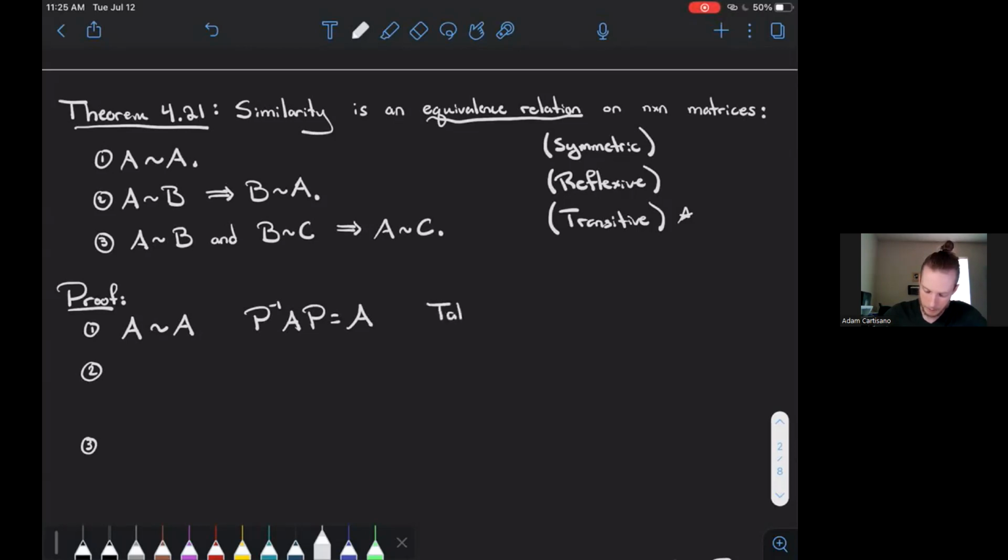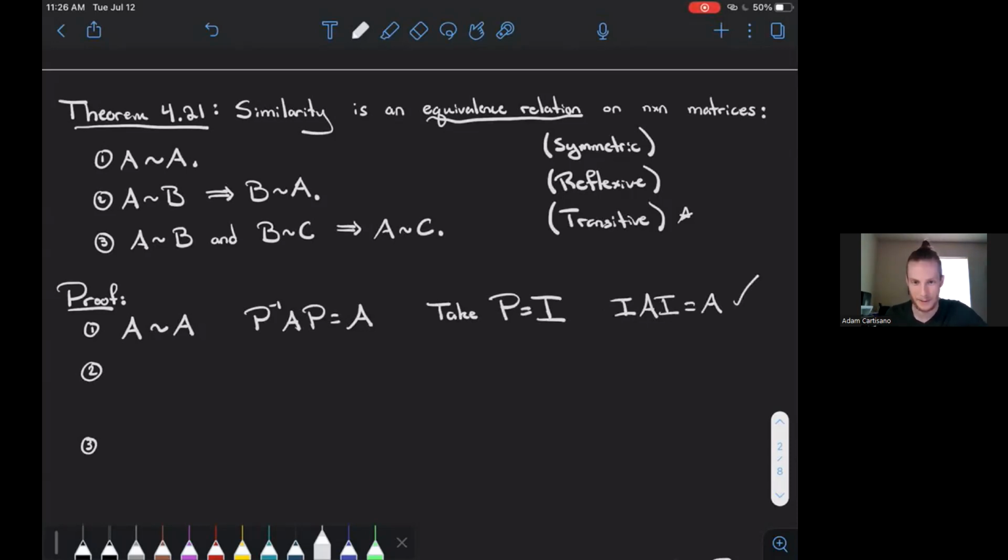Take P equals I. Well, the inverse of the identity matrix is itself. So this tells us that A equals A, which is definitely true. So here is an invertible matrix which does the job. And so there you go.